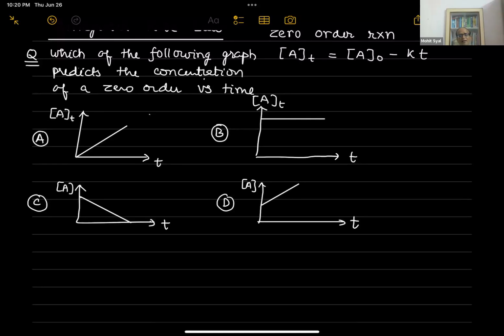Which graph correctly represents the constant change of concentration of a reactant during the progress of a zero order reaction? I have written how the concentration changes.